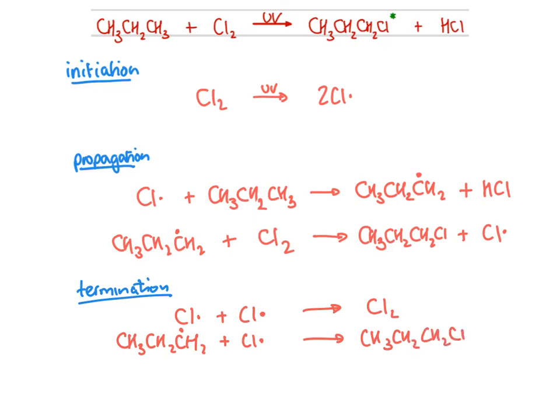Or I could have 2 propyl free radicals collide, and that would make hexane.